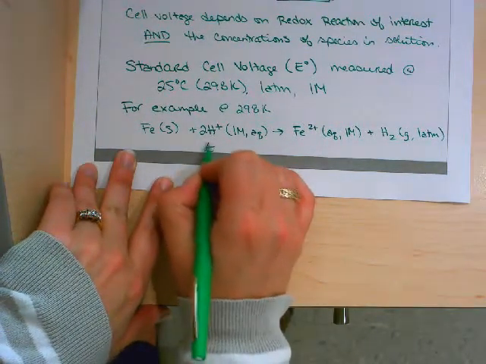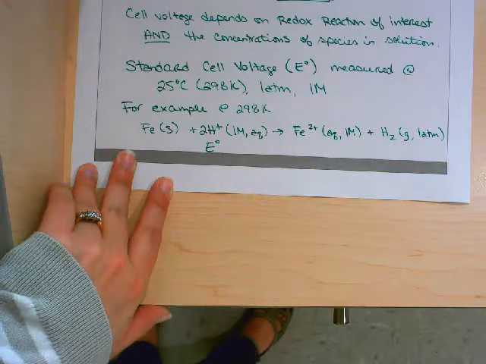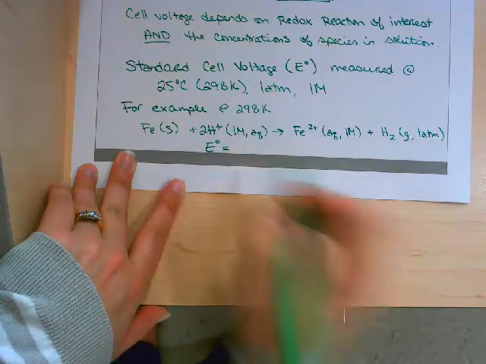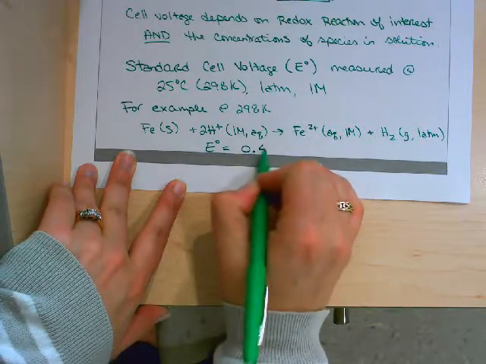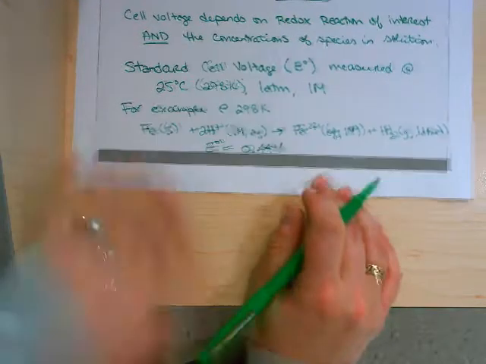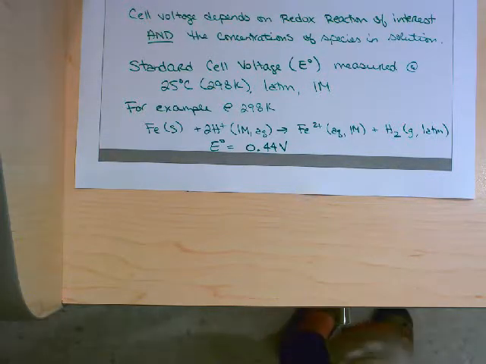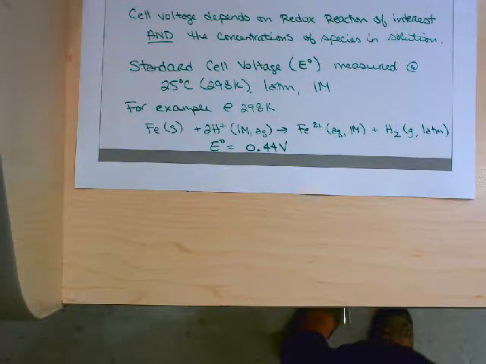We'll show you how to calculate it here in a second. But let's say you had this all set up and you hooked your little voltmeter up to it. It has a standard state voltage of 0.44 volts. Is that a positive or negative voltage? Some softballs here. Yes, positive number. Excellent. Positive voltage.